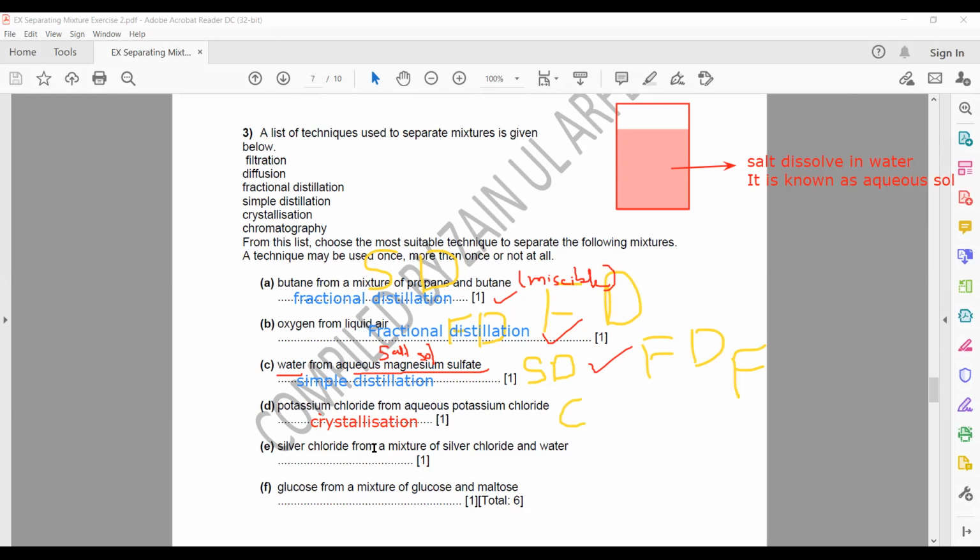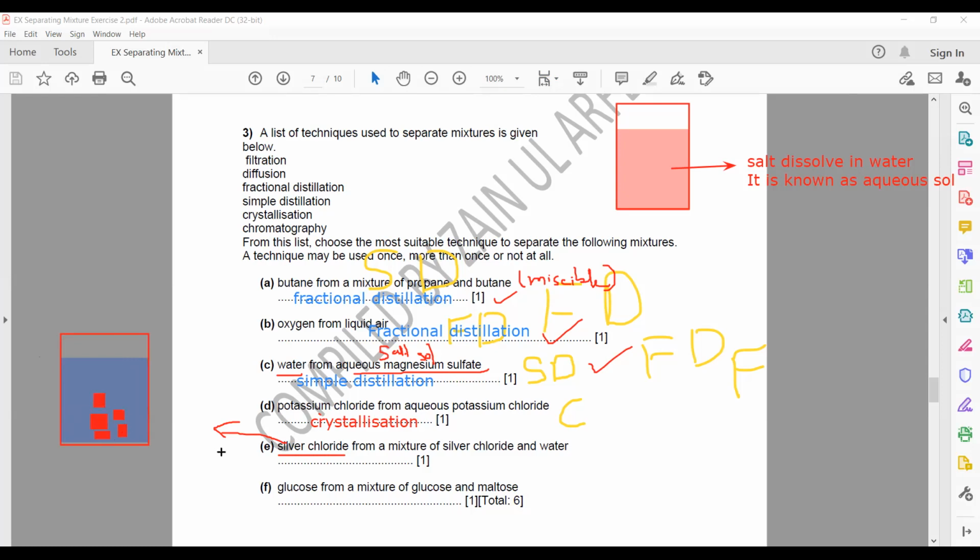Then silver chloride from a mixture of silver chloride and water. Silver chloride is insoluble. Yesterday I gave you a table of which salts are soluble. So silver chloride is an insoluble salt. When silver chloride is mixed with water, the water will be there and the silver chloride will be there as well. You are able to see the silver chloride.